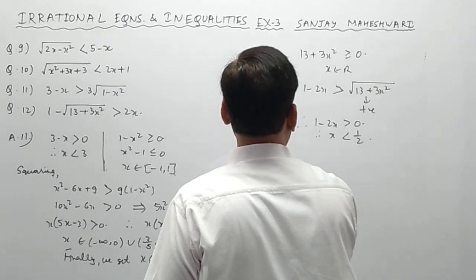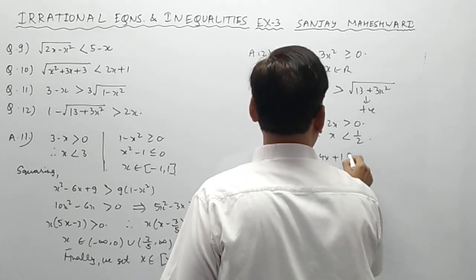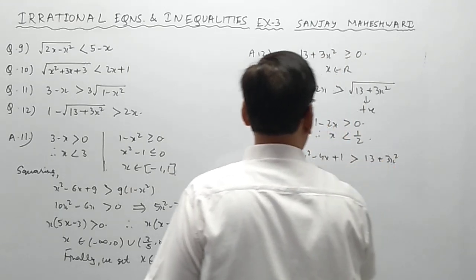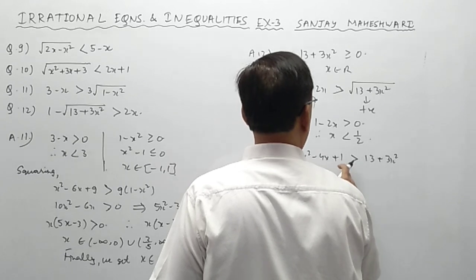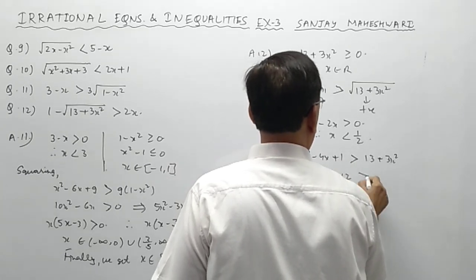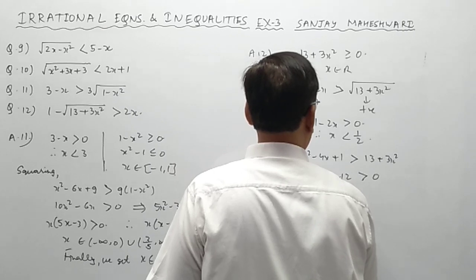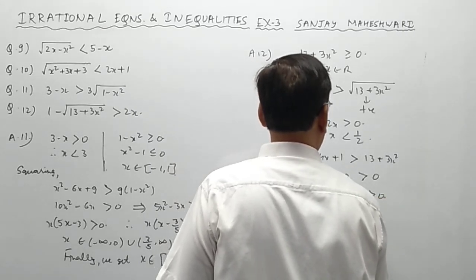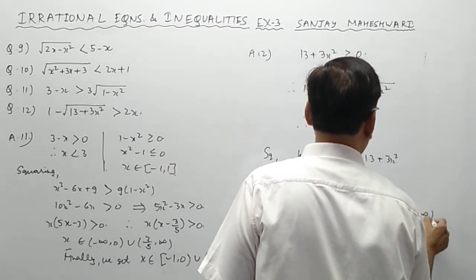So by squaring we get 4x square minus 4x plus 1 greater than 13 plus 3x square. Therefore x square minus 4x minus 12 greater than 0. So here you can see x minus 6 into x plus 2 greater than 0. Therefore x belongs to minus infinity to minus 2 union 6 to infinity.